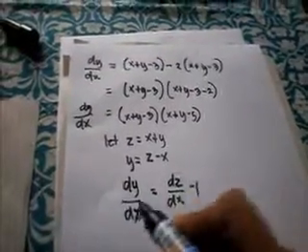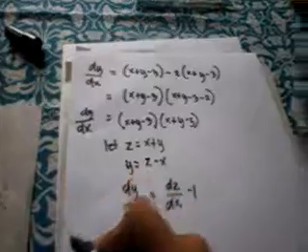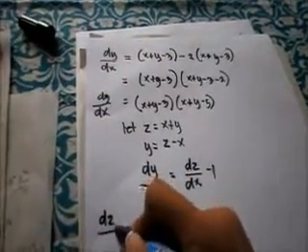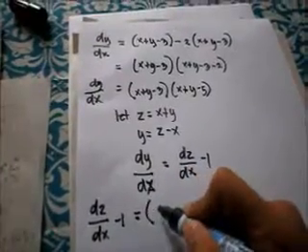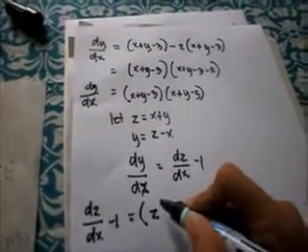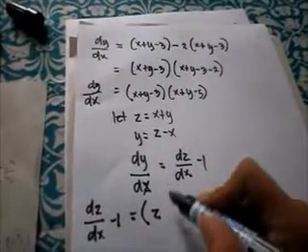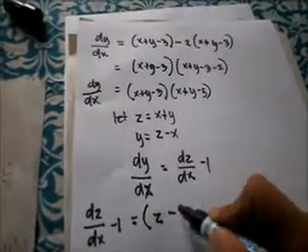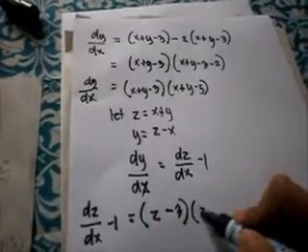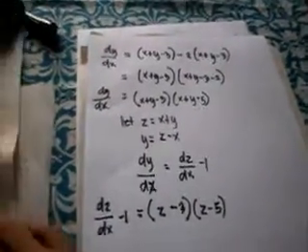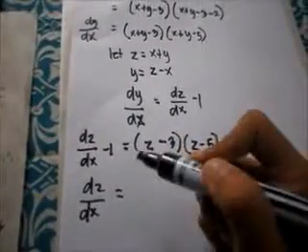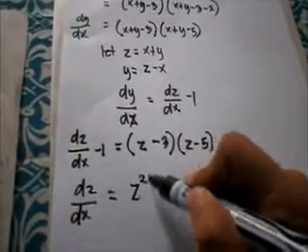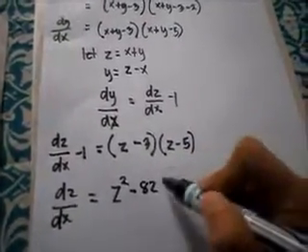Let's substitute this value for dy/dx in our equation: dz/dx minus 1 is equal to z minus 3 times z minus 5, where z is x plus y. If we simplify this, we get dz/dx equal to z squared minus 8z plus 16.